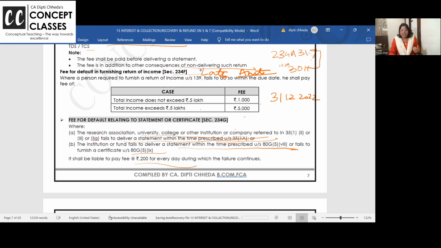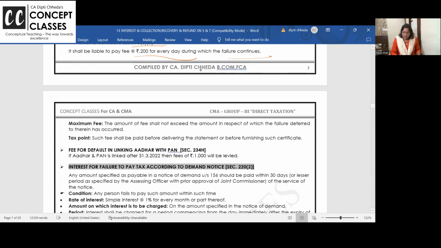But if they don't give it to us, 200 for every day is the penalty for these institutes, 234G. The amount of fee should not exceed the amount in respect of which the failure has occurred. Whatever donation you have given, fee shall be paid before delivering the statement and getting the certificate.